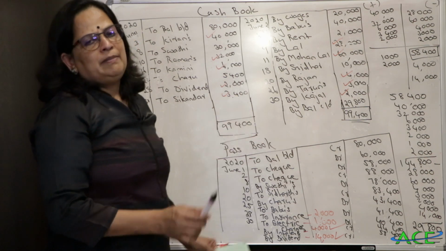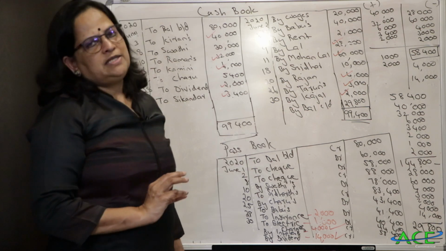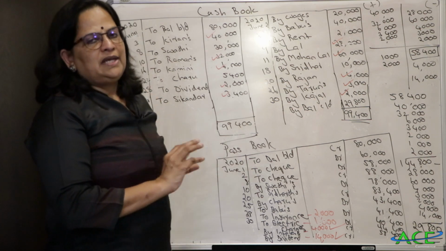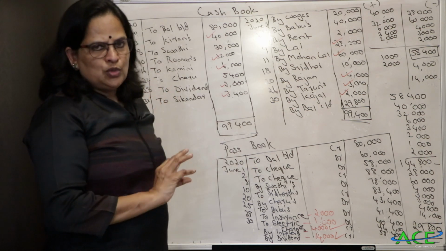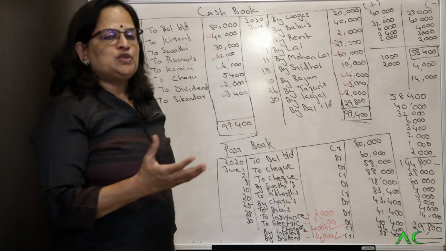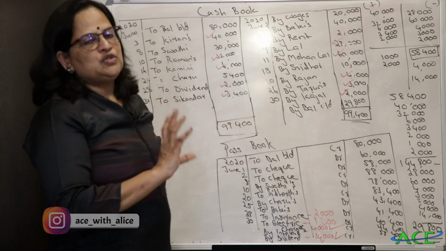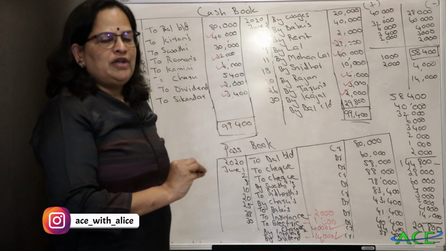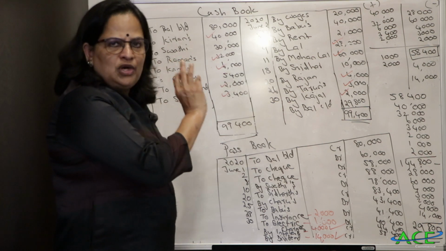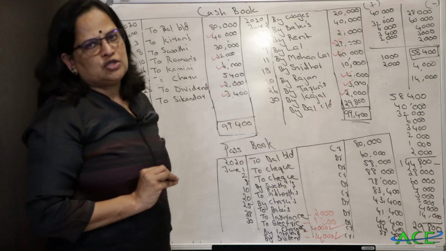So this is a simple method of doing a bank reconciliation statement using analytical cross method. Please remember that extracts of cash book and passbook are given and it's for the same month. The next module I am going to explain cash book and passbook extracts are given but for different months. So that's a different treatment. Here what we are doing is, if one entry has come only in the cash book but it has not come in the passbook, we will take it to the analytical cross method.